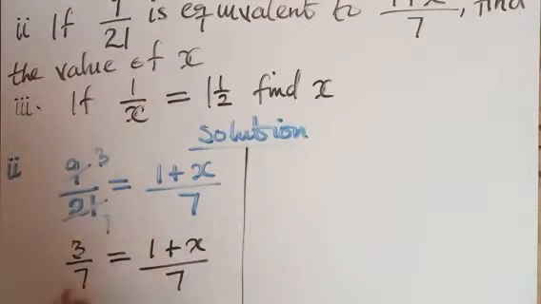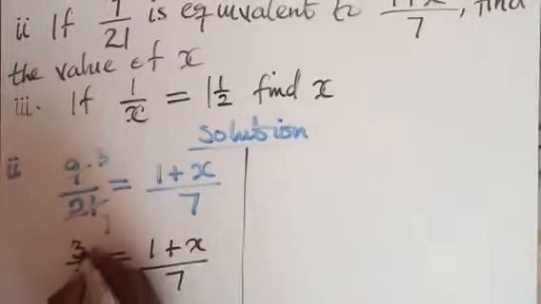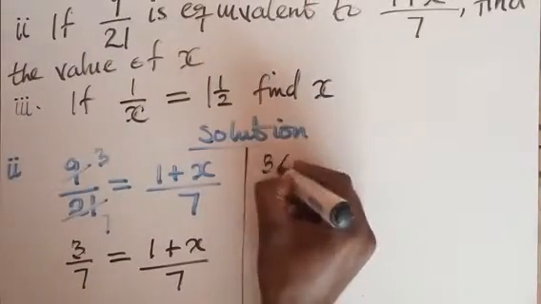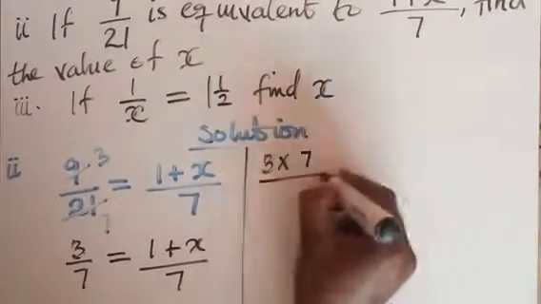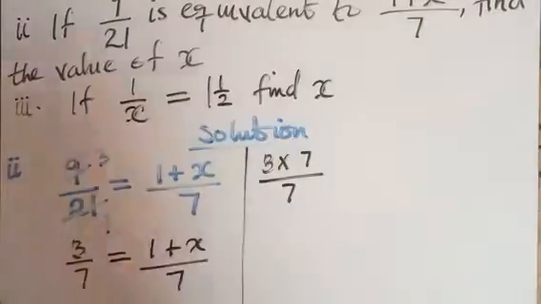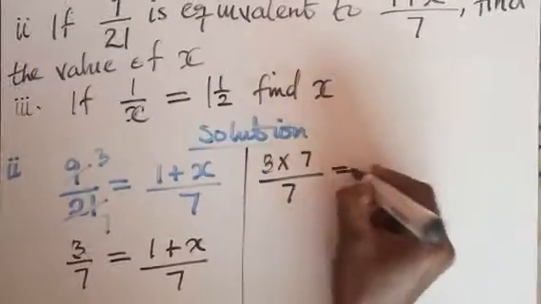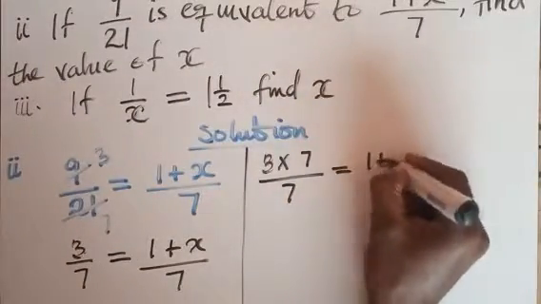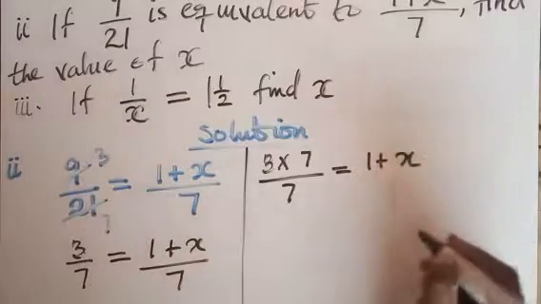We can just work it straight because speed is very critical. So what we are going to do is let this one multiply. So I'm going to get 3 times 7 still divided by 7. I will not let the 7 go, to be equals to 1 plus x.